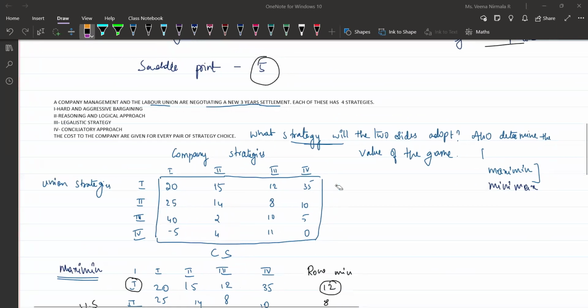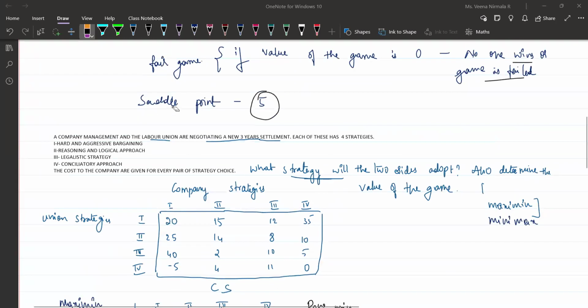There are some numerical problems that we have to solve. For example, this is the problem given. A company management and the labor union are negotiating a new 3-year settlement.